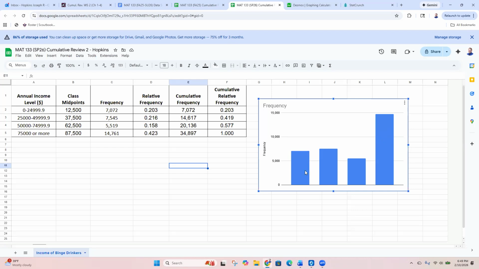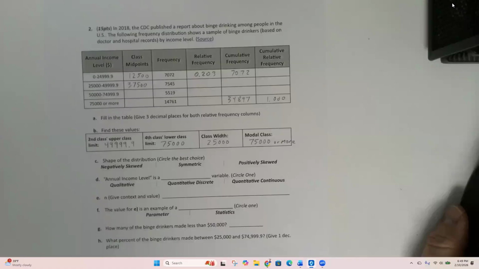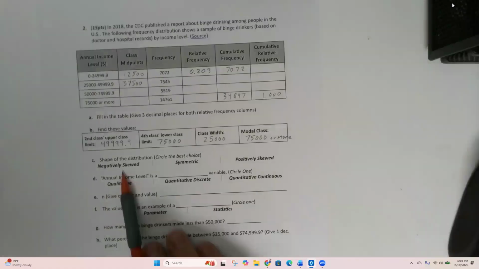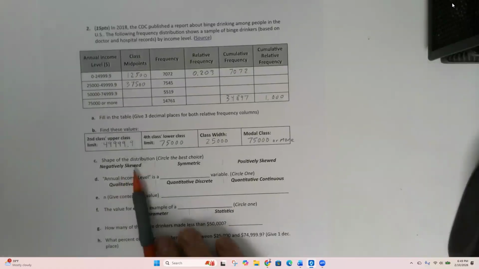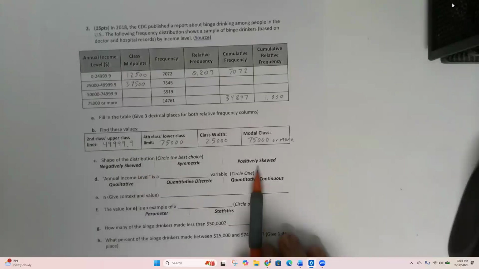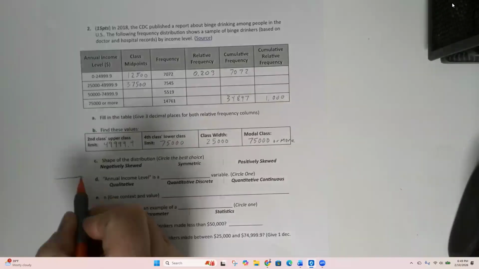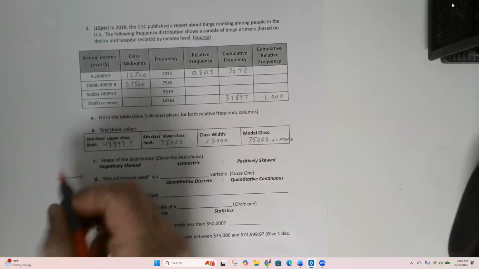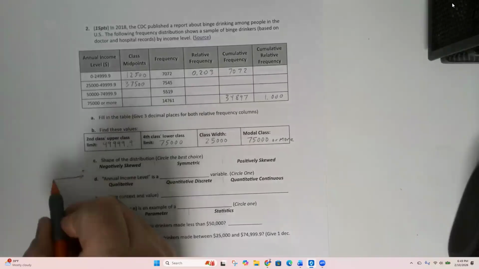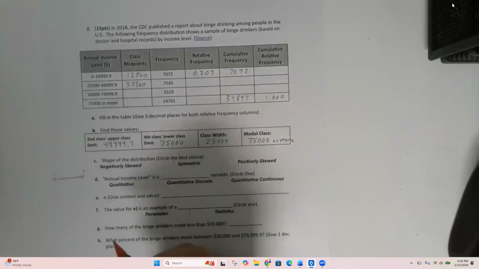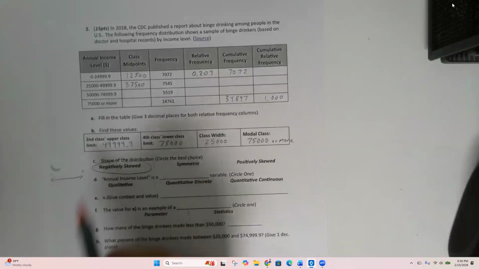It doesn't really look like a tail, but I guess we'll call this the tail, and the tail is to the left. So we're going to say skew left. But they didn't give us skewed left. They gave us negative, symmetric, or positive. So you'll remember that if you have an x-axis, positive numbers are on the right, and we put negative numbers on the left. So it is skewed negative.